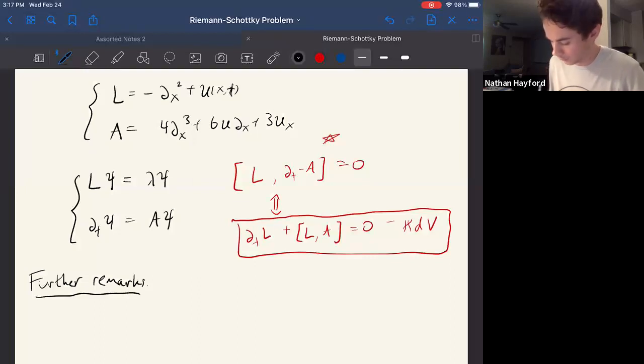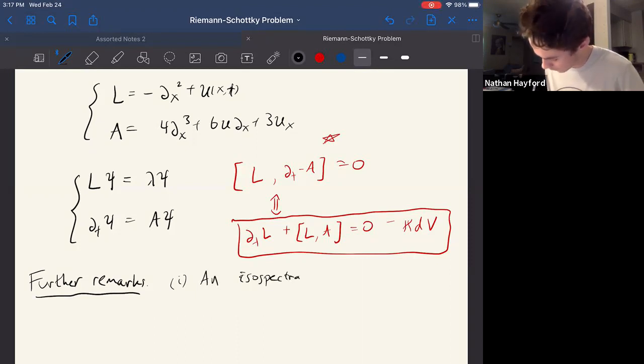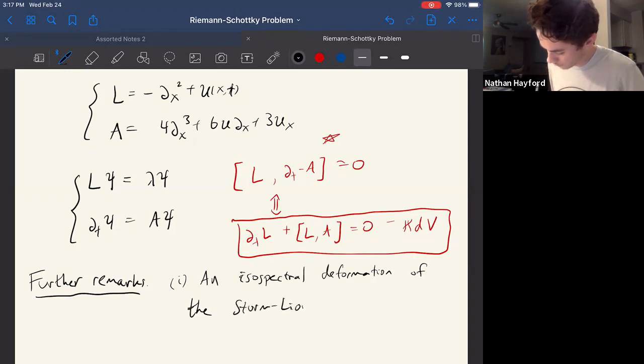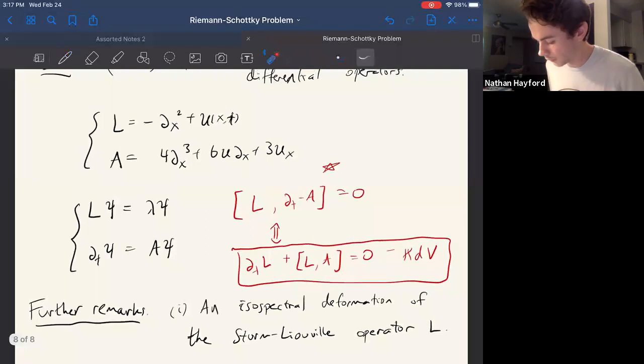Well, we can think of KdV first as, I'll write the words, an isospectral deformation of the Sturm-Liouville operator L. So for fixed t, this defines the Sturm-Liouville operator, and this condition here, and the fact that the eigenvalues themselves don't depend on time, tells you that when I change t, the spectrum of L is not changing.